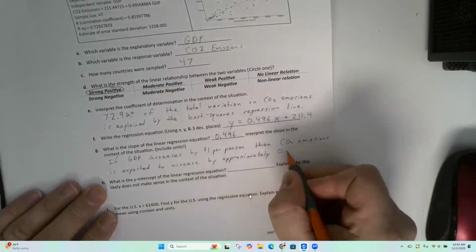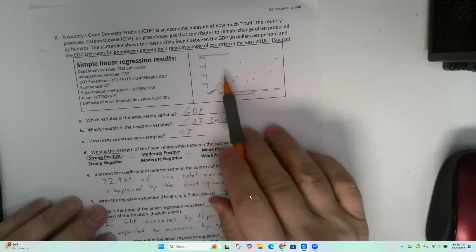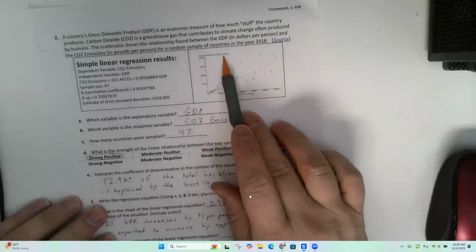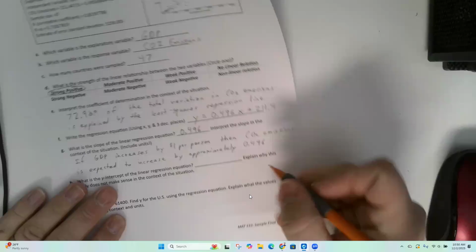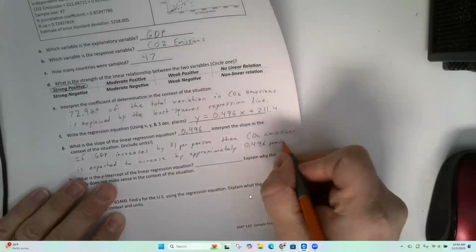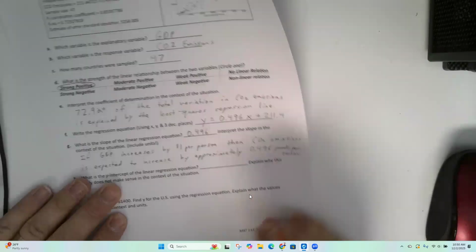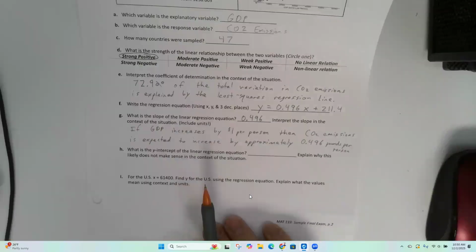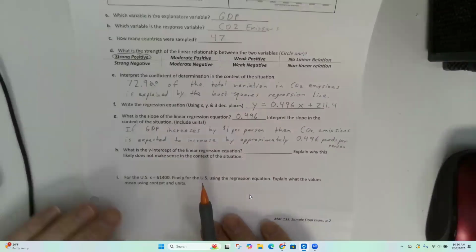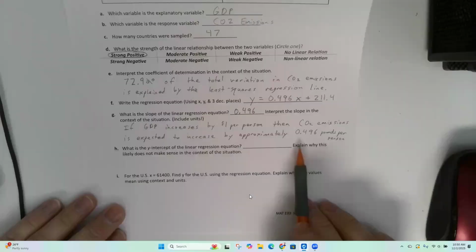Write the slope out, and then you write the units for y, which is pounds per person. If GDP increases by $1 per person, then CO2 emissions is expected to increase by approximately 0.496 pounds per person.